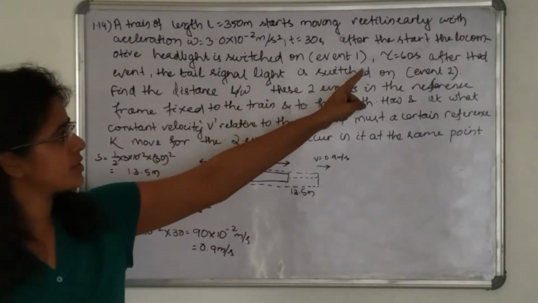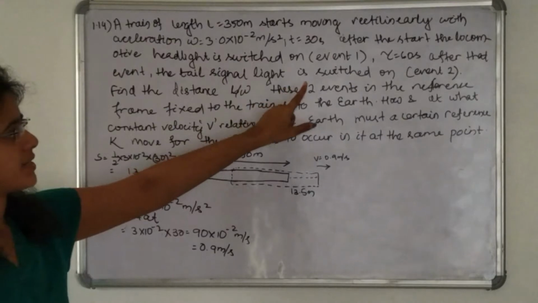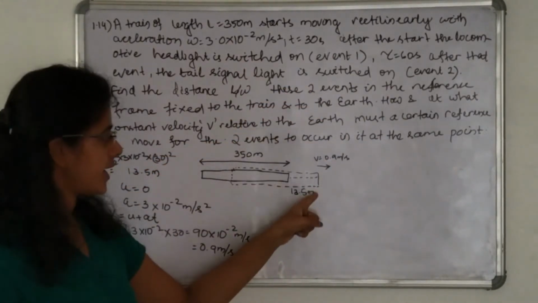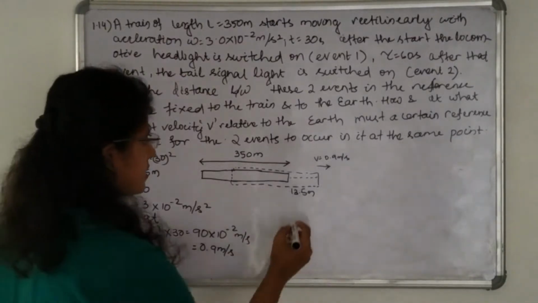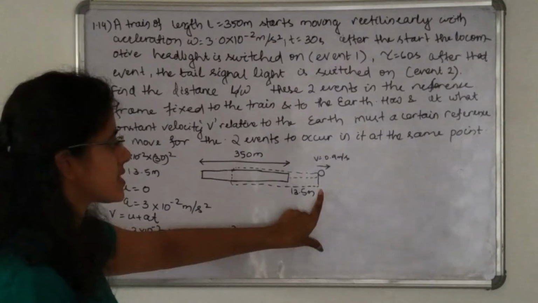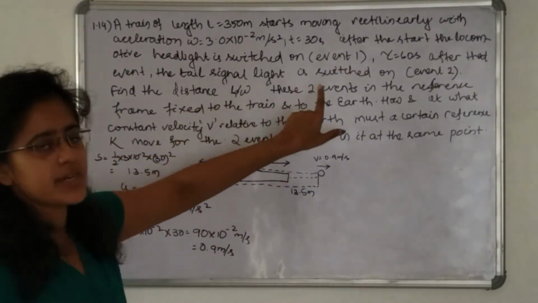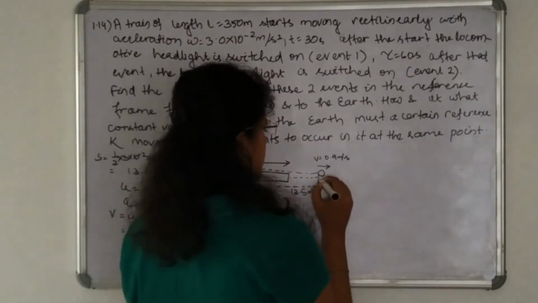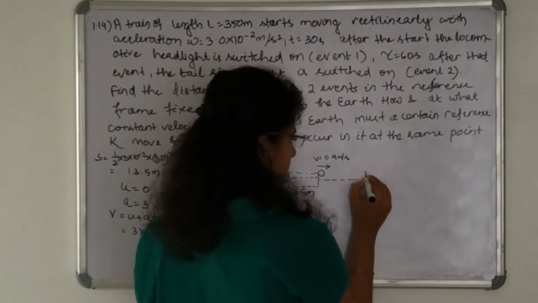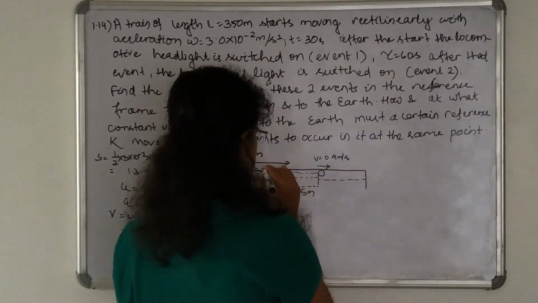Then it says tau is equal to 60 seconds after that event, the tail signal light is switched on. So after covering this distance, the headlight is turned on, that is the light which is here is turned on. But after 60 seconds from this event, it is said that the tail signal light is switched on. So let us say after 60 seconds, the train is somewhere like this.